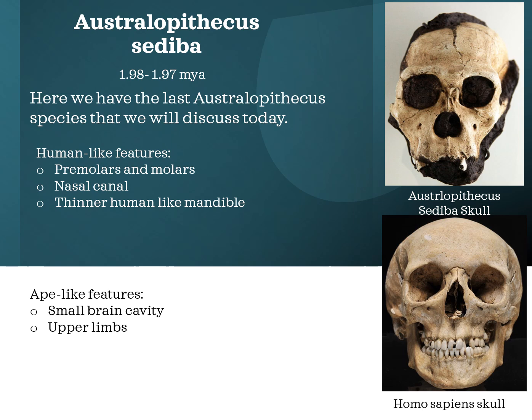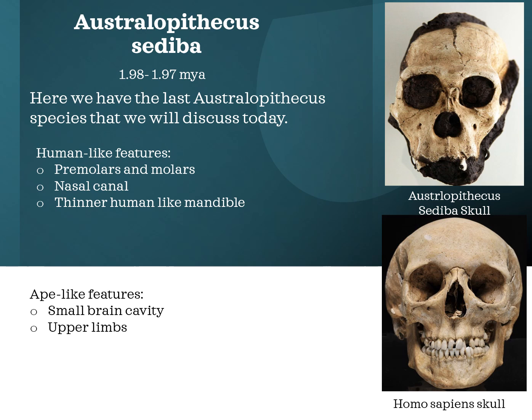And next, we move on to Australopithecus sediba. Australopithecus sediba exhibits several derived traits such as relatively small premolars and molars, along with facial features that resemble those of the genus Homo.